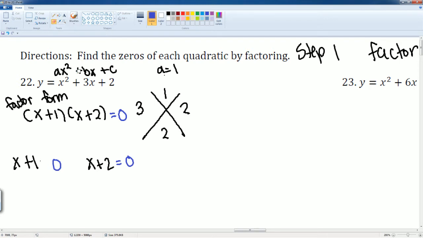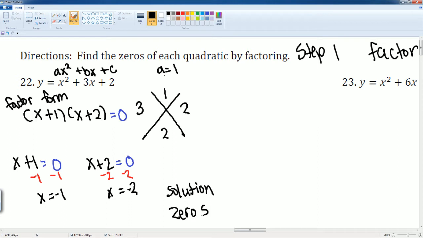To solve, we get the variable by itself by doing the inverse. I can subtract 1 from both sides, which leaves me with x is equal to negative 1. We can now subtract 2 from both sides, giving you x is equal to negative 2. These are your solutions. We can also call them your zeros.